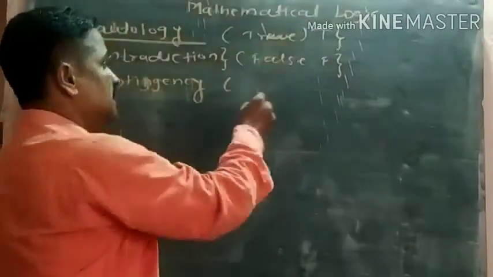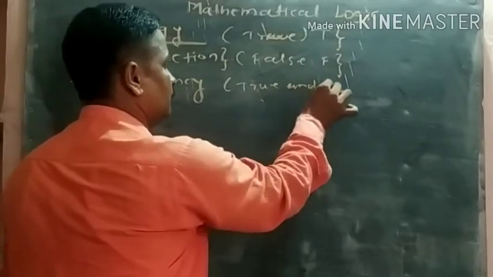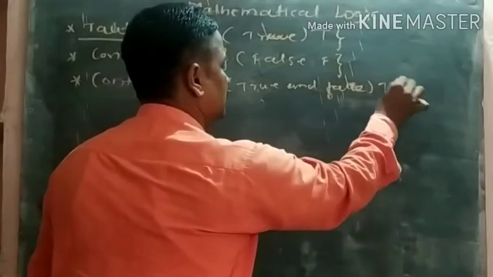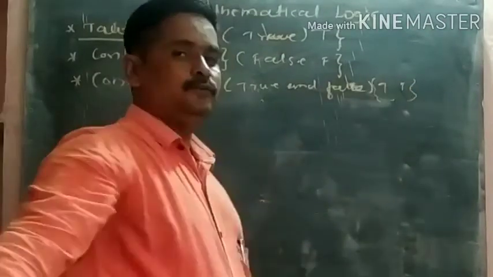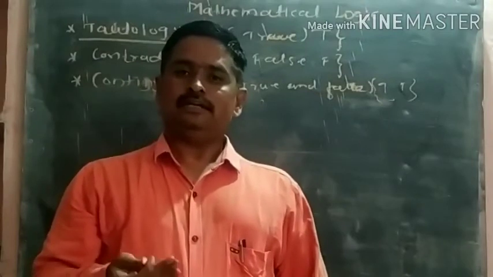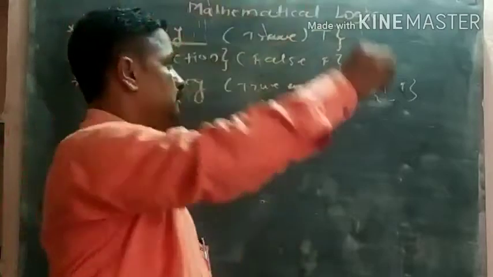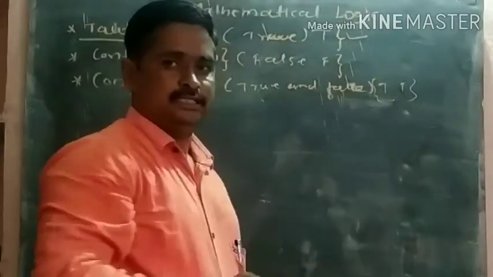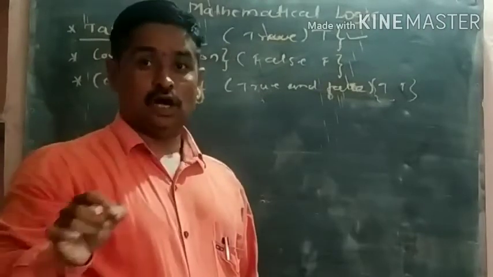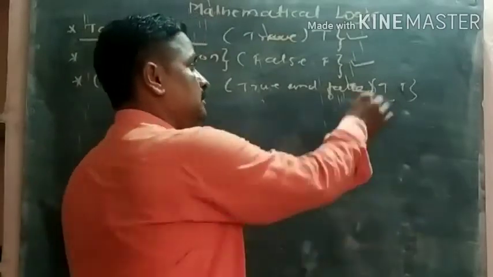That means it is a combination of true and false, that is T and F. If the respective column has both T and F values, whatever it may be, but it is not all T's and not all F's.